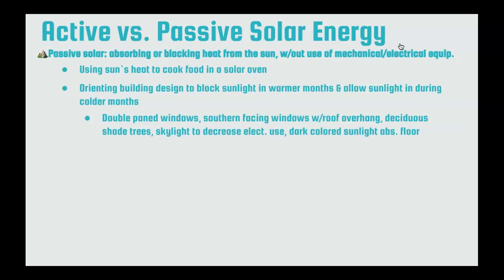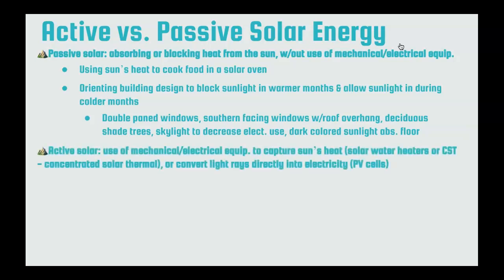We are also using conservation landscaping techniques, so we're using deciduous shade trees near our windows so that in the summer it's shading and in the winter the sunlight is able to pass through. Using skylights to decrease electricity usage, and using dark colored building materials in flooring that are going to absorb sunlight.